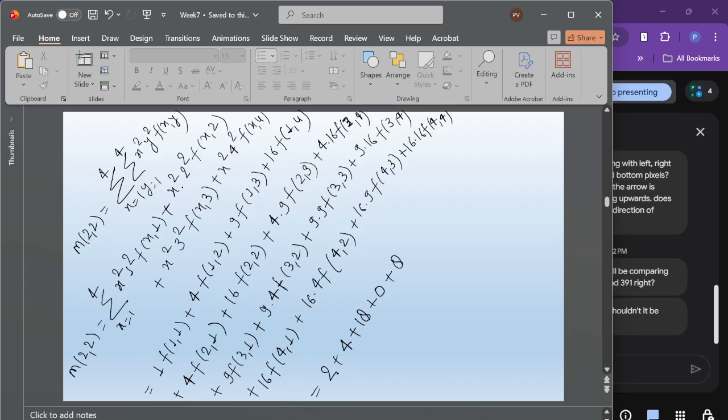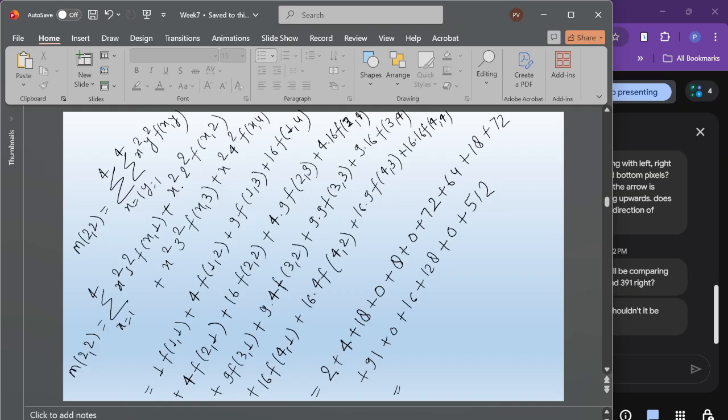So here we will get 8 plus 0 plus 72 plus 64 plus 18 plus again 72 plus 91 plus 0 plus 16 plus 128 plus 0 plus 512. So these are the values after putting and multiplying.